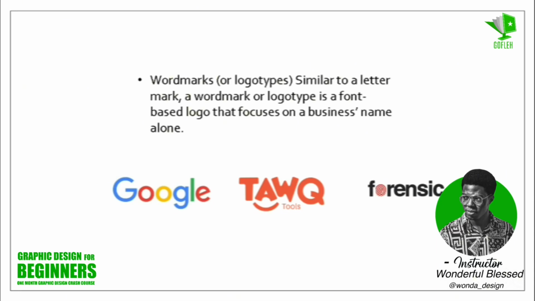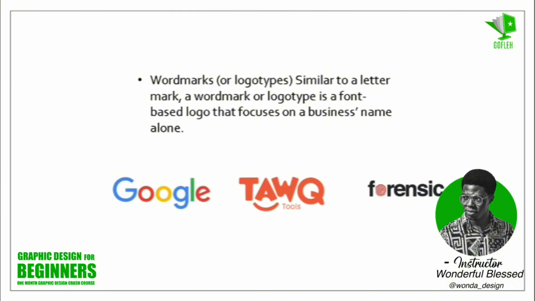Another very good example is Coca-Cola. Either they use Coke, C-O-K-E, or they use the full Coca-Cola. So that is another example of a word mark logo. For companies that want to use their full business name, then you opt for a word mark logo.